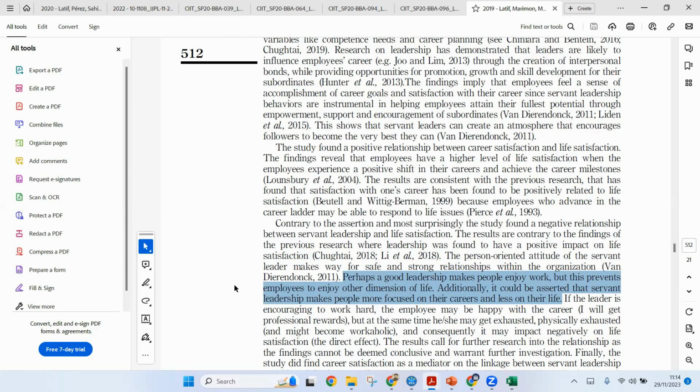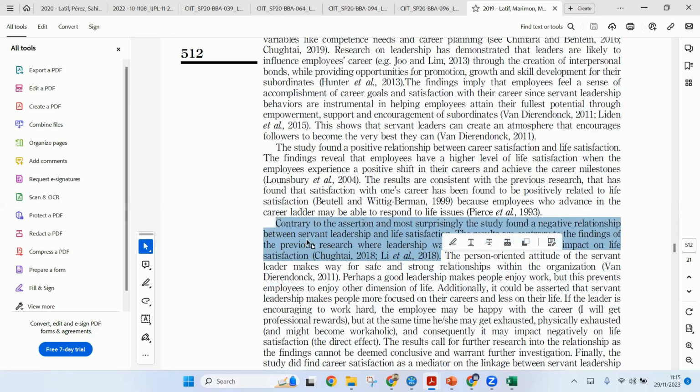If I give you a sentence and you do not know where it came from, and you can tell me that this sentence most probably came from the discussion section, and if 9 out of 10 times you are able to identify which section a particular sentence will go into, then I will say you are ready to start writing your thesis, your paper, or your proposal.